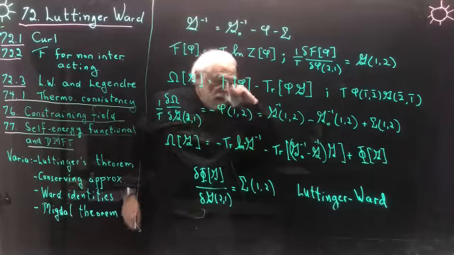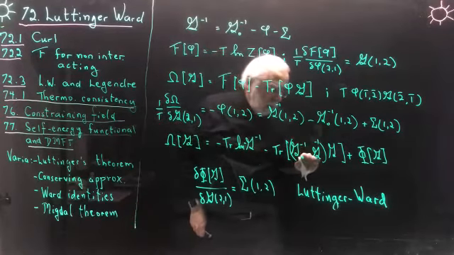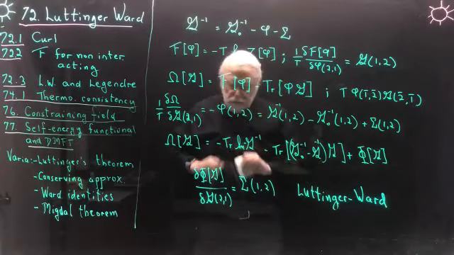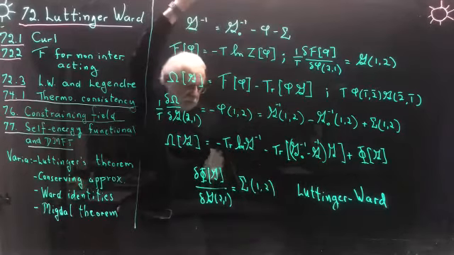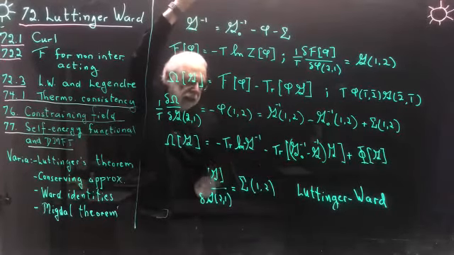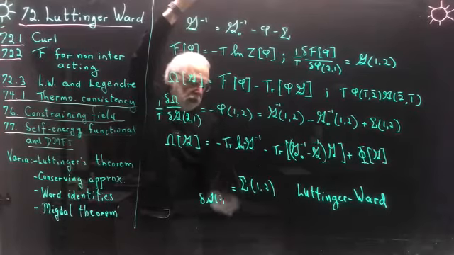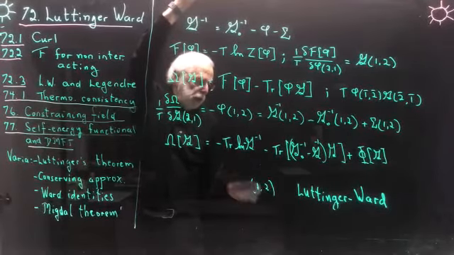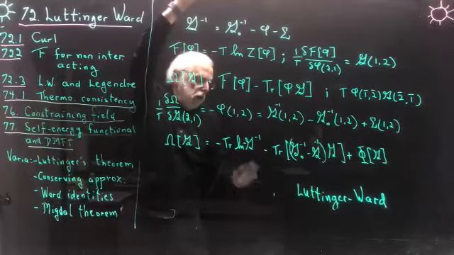So if G is the non-interacting Green function, this becomes 0. So we have just this that is left. And it is indeed the free energy of a non-interacting system when expressed in terms of a Green function.